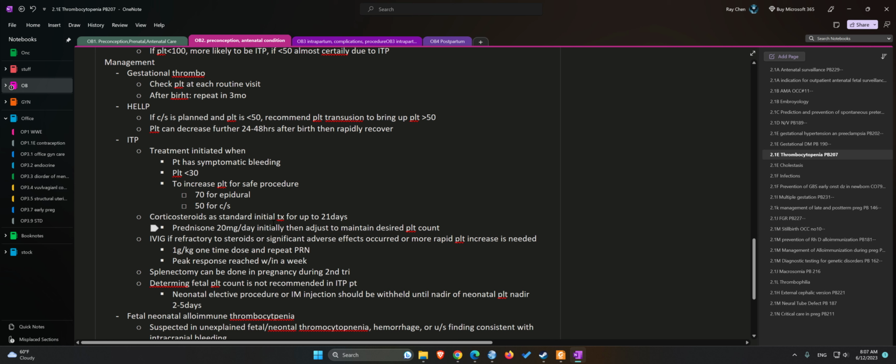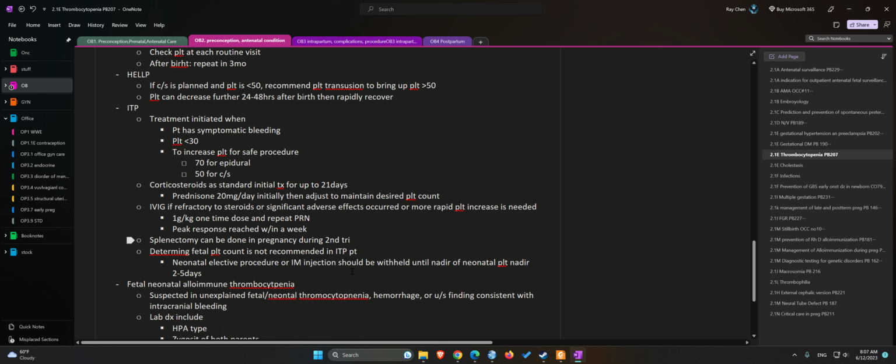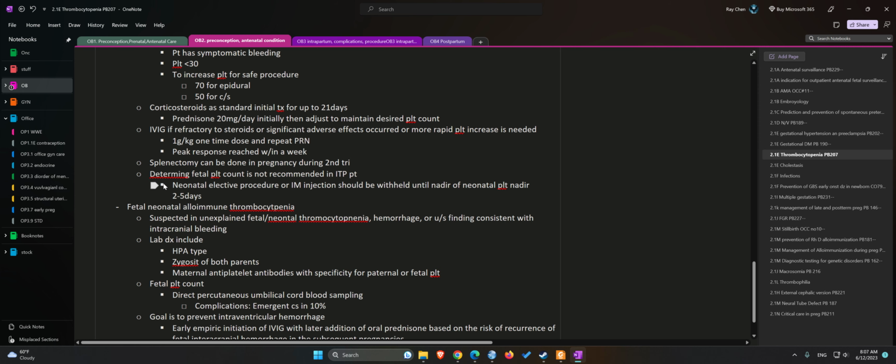Peak response usually within 1 week, versus steroids, which is like 2 to 4 weeks, I think. Splenectomy can be done in pregnancy during second trimester. Determining fetal platelet count is not recommended in ITP patients.